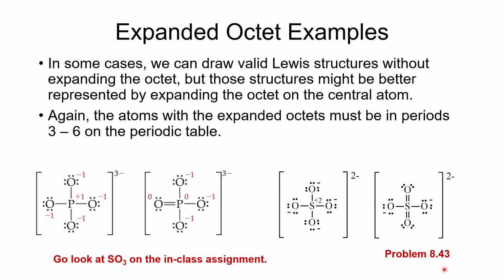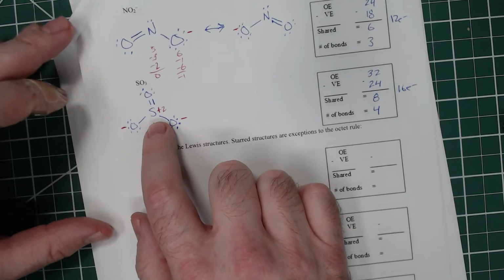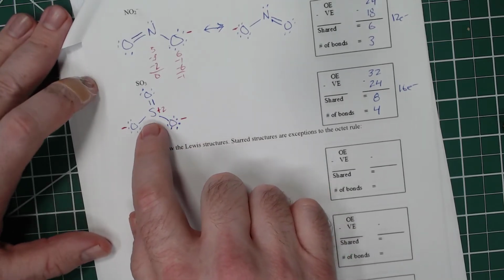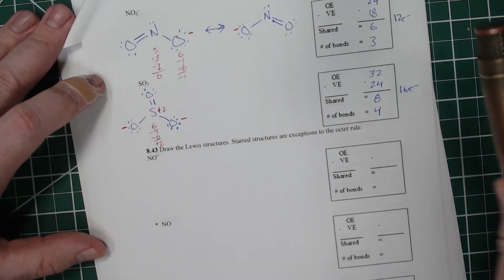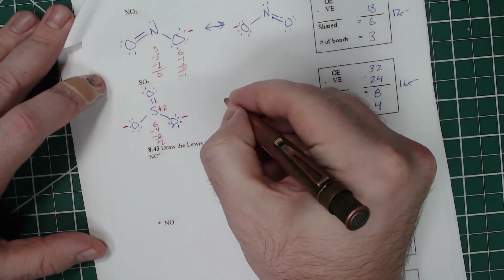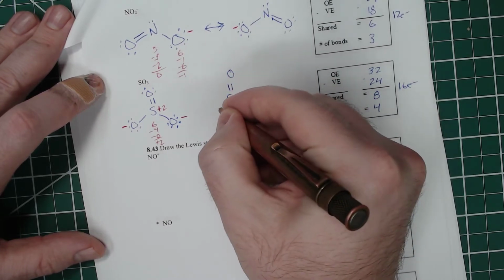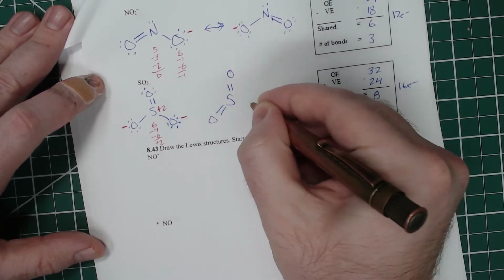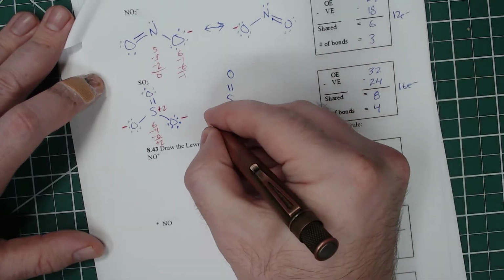Now, before we go and do number 43, we're going to go back and look at SO3 on our in-class assignment. I have that right here. You'll notice that we've got a positive 2 charge on the sulfur. It turns out a better way to draw this is to draw sulfur with 3 double bonds going to 3 oxygens.